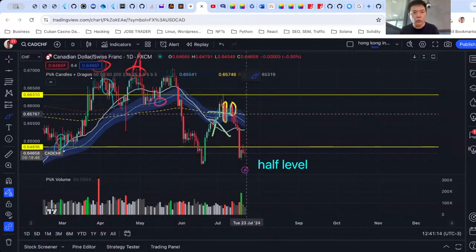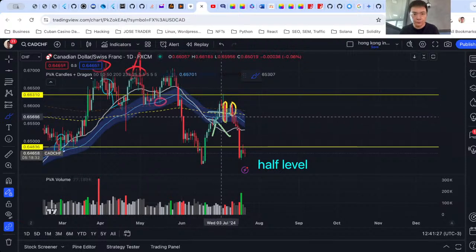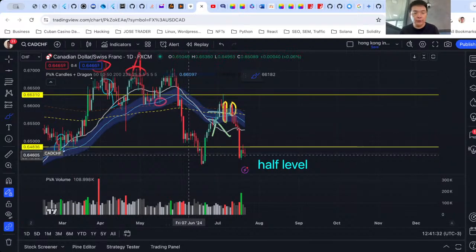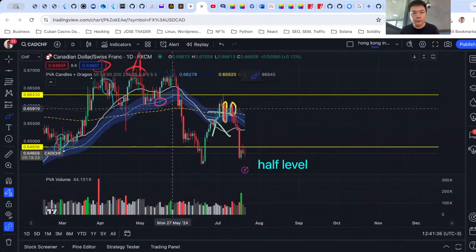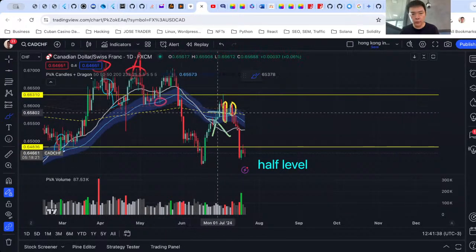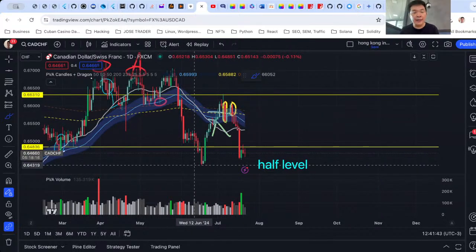Okay, so we first identify the overall trend of the market. For a long time, since June the 3rd this year until here, July the 2nd, for all this period, the price was being negotiated below the baseline, the 200 EMA. So for this entire period, it was a bearish trend. What do you call a bearish trend?